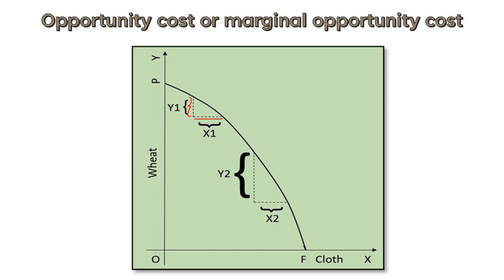And this is continuously increasing when you see another instance where for an additional unit of X commodity, this much of Y commodity we are foregoing. The foregoing of Y commodity is continuously increasing for every additional unit of production of X commodity. That's why you can say that the opportunity cost between two commodities always increases.